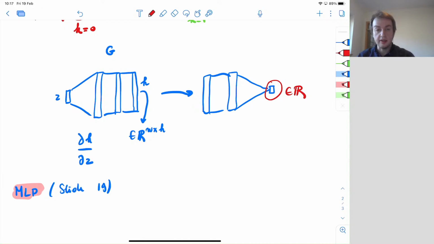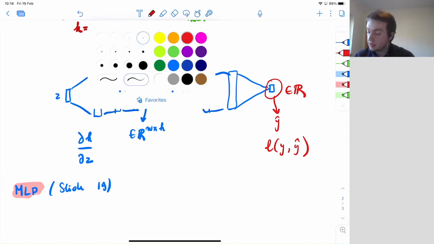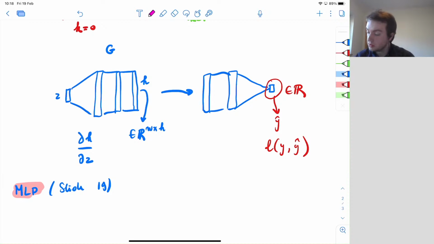But then, let's say this gives you some y values. You will pass this to some loss, compare that to some ground truths, right? The gradients that you will need are those of that loss with respect to the parameters of the first network.